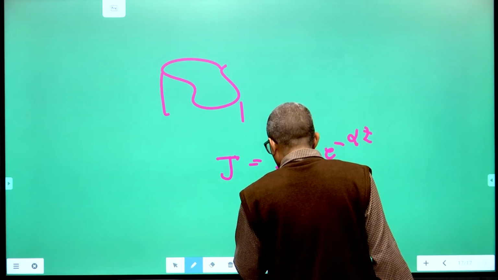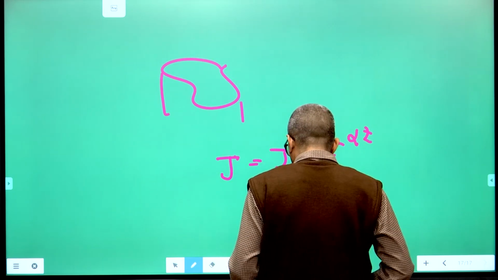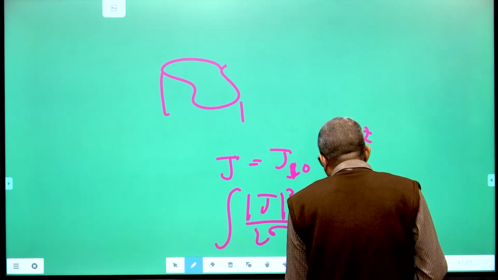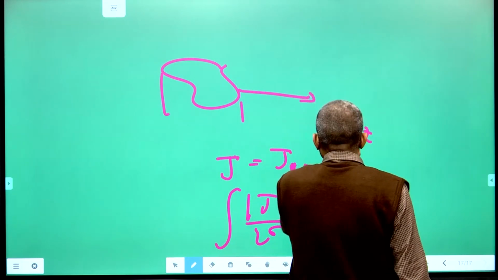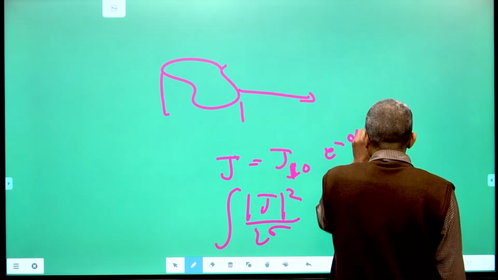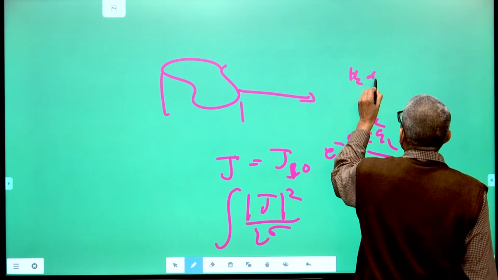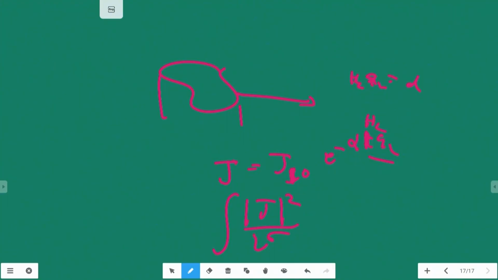Here instead of z I should put q2, because q2 is the length; actually I should put h2 q2. So let us call this h2 q2 as some depth which I call xi. You use Ohm's law to calculate mod J square by 2 sigma as the power dissipated per unit volume, and if you integrate mod J square by 2 sigma e power minus 2 alpha xi d xi, that is the total power dissipated per unit length.